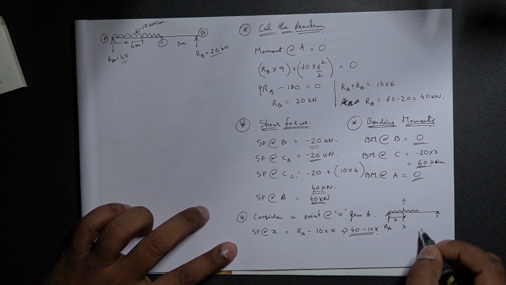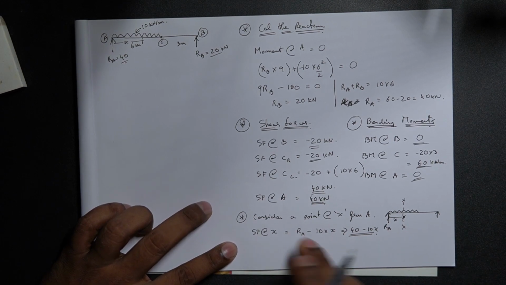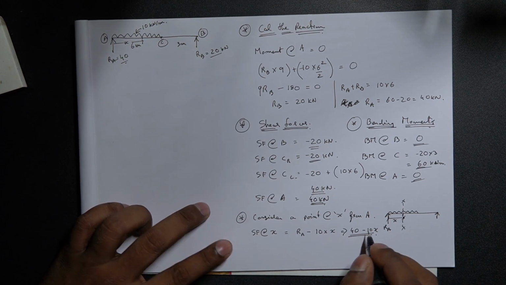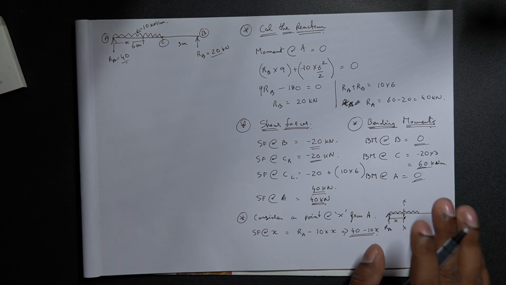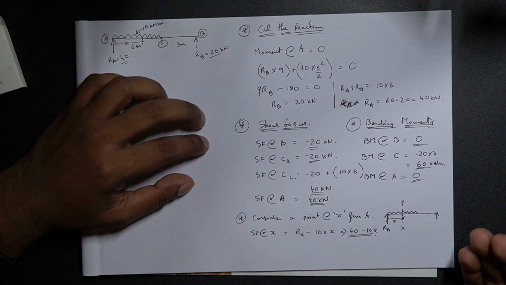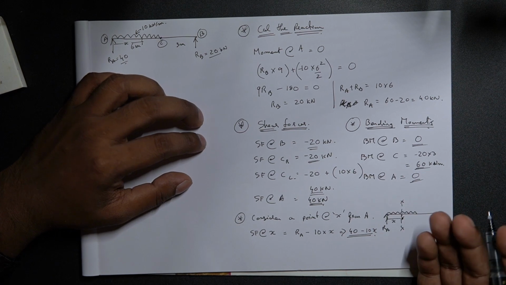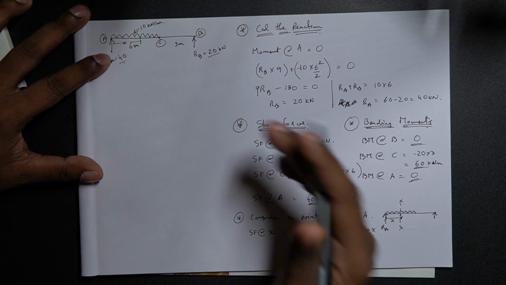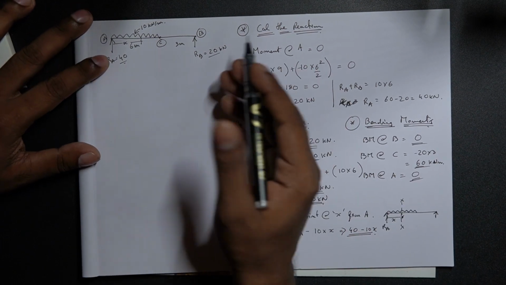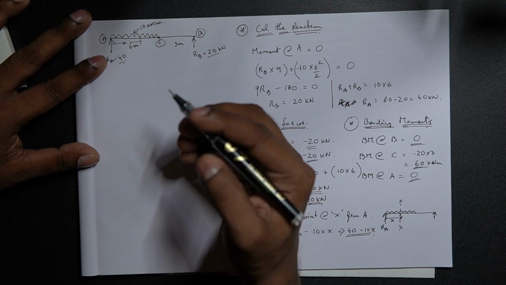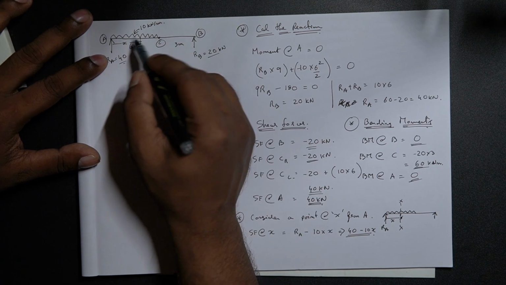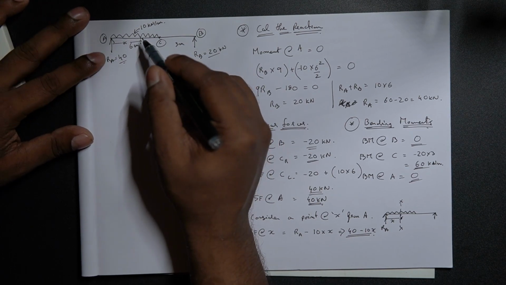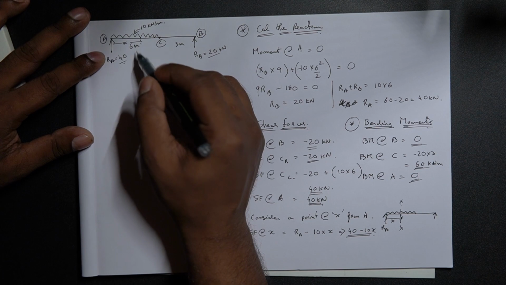Now that my shear force is identified at a distance x as 40 minus 10x, in order to calculate the maximum bending moment, I know that the shear force would be 0. If you go through the literature and textbooks, we know that for any simply supported beam, the easiest way to identify where exactly the maximum bending moment is happening is the point where the shear force is absolute 0.